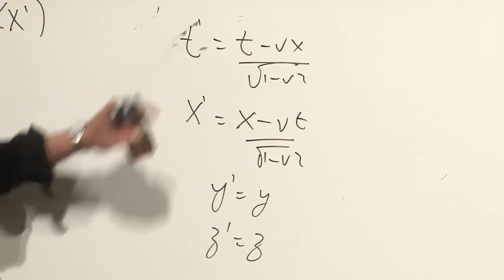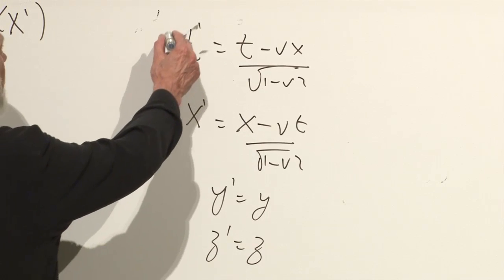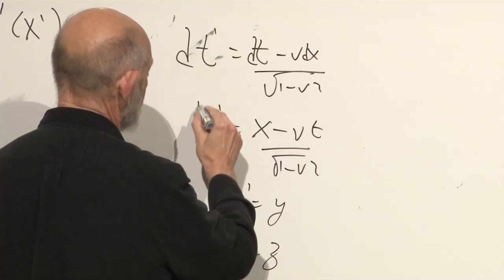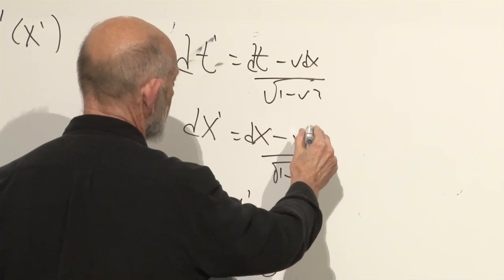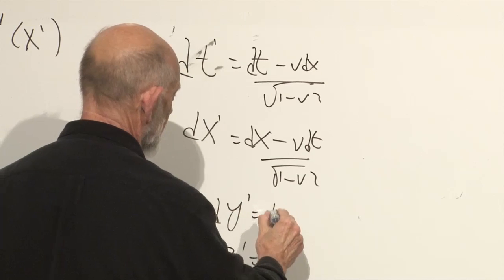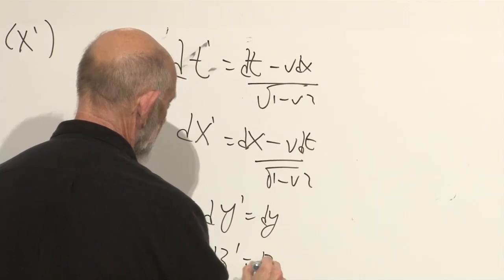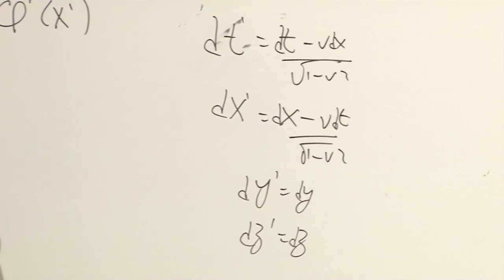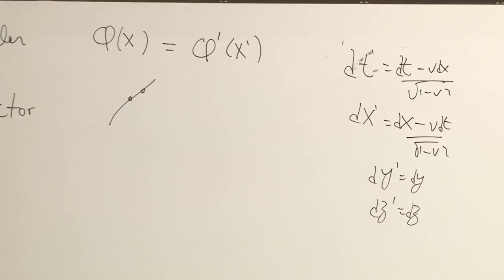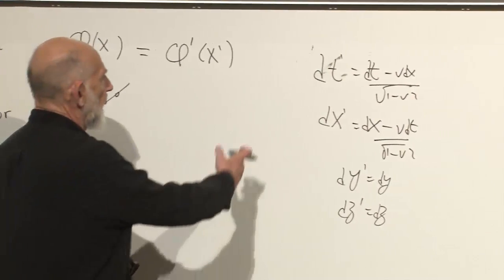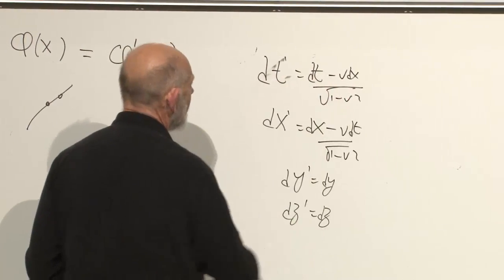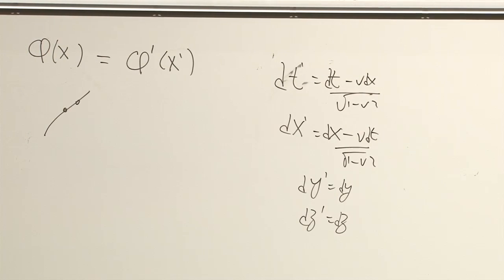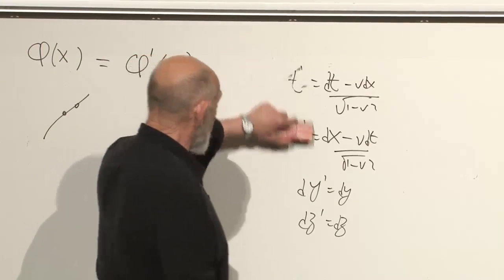So this is also true for dt, for a differential displacement, where the differential displacement might be along a trajectory. It's also the transformation property for the 4-velocity. If you divide by d tau, it tells you how the 4-velocity components transform. Anything which transforms this way is a 4-vector.